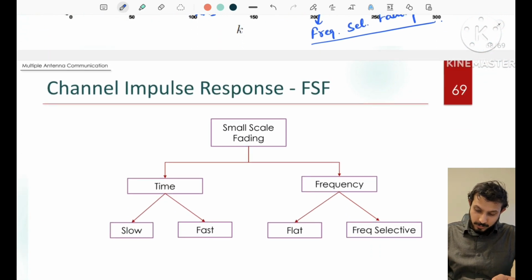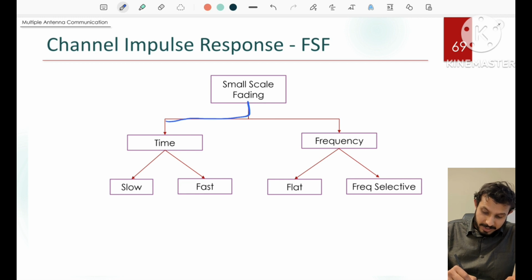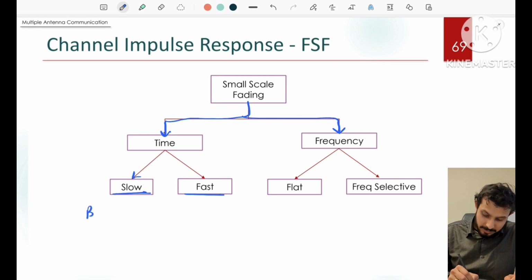So now with this we have studied small scale fading, that is the time selectivity and the frequency selectivity. In time selectivity, we understand what is slow fading and fast fading. Slow fading is when the coherence time is greater than the symbol duration.